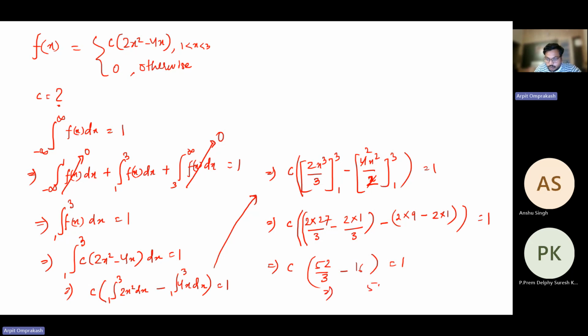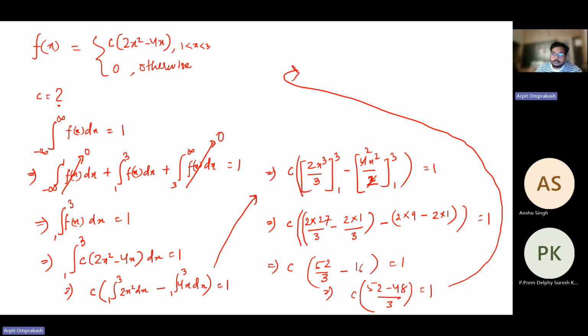That implies 52 minus 48 by 3 into c equals 1. So we have 4 by 3 c equals 1. That implies c equals 3 by 4 or 0.75.